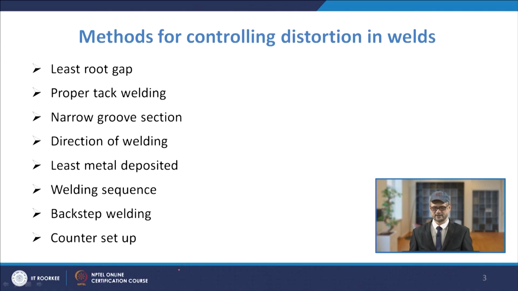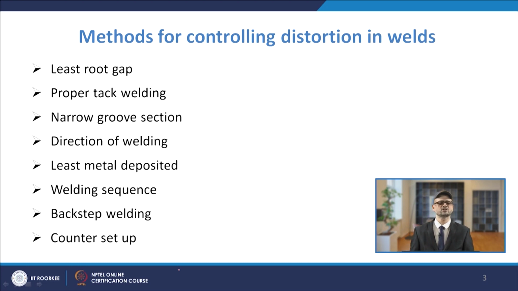So, the first method is the least root gap. So, these are the methods which are used for the control of distortion in the welds.